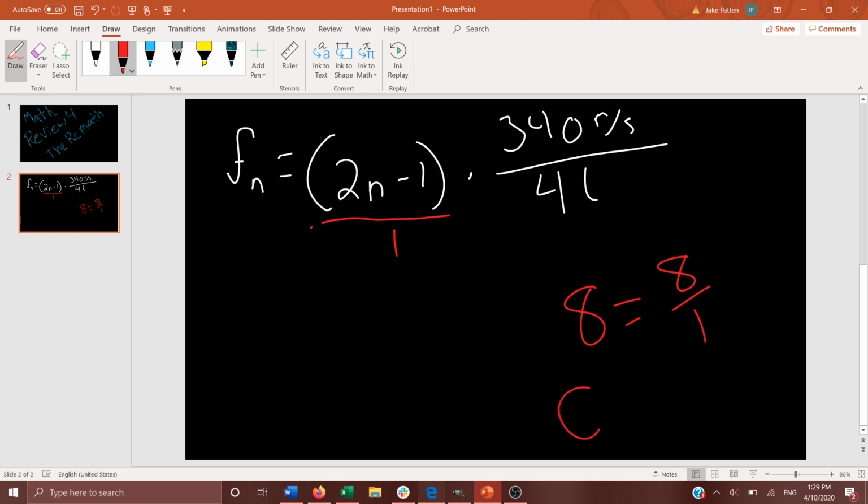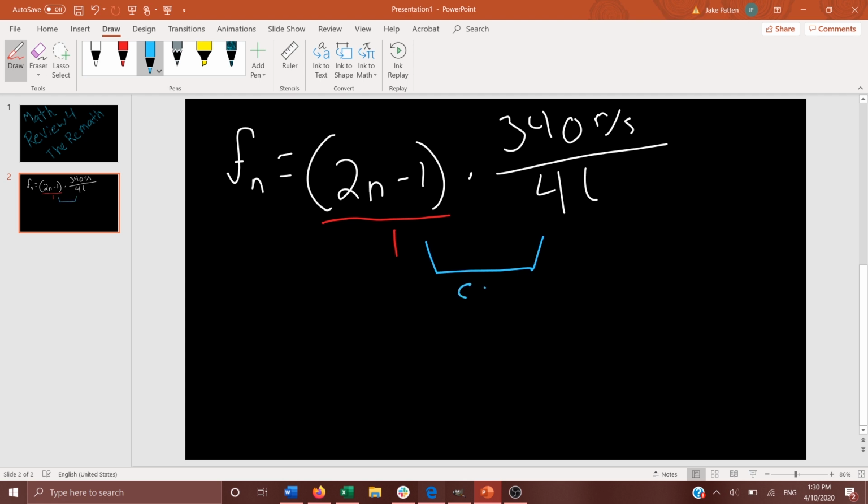You could rewrite a happy face as happy face over 1, and it's still the same thing. So we're going to rewrite 2 times n minus 1 as 2 times n minus 1 over 1. And then what we're going to do is we're going to combine these two mathematical terms. We're going to combine this and this. So those are going to be combined.